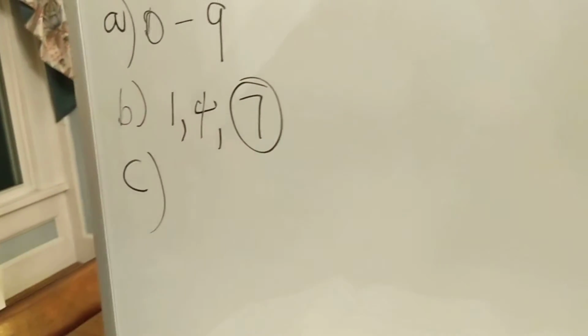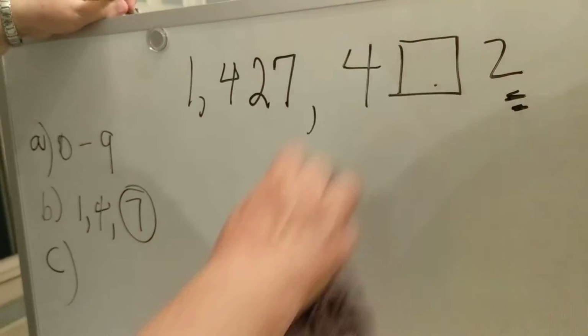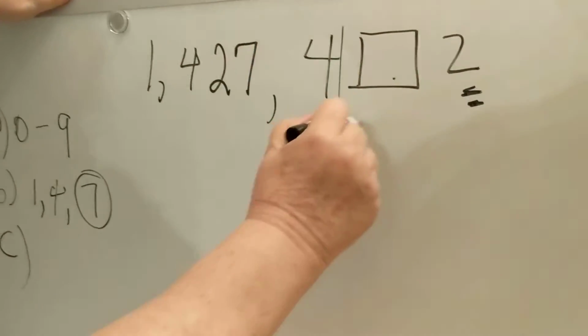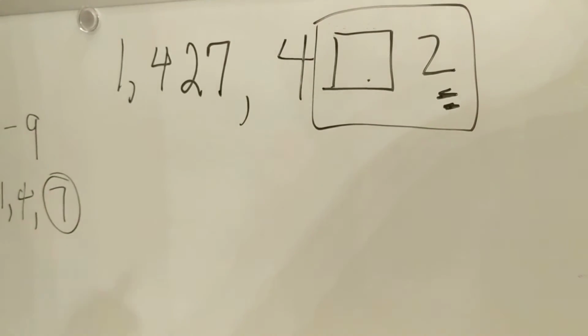C says, what can we do to make this divisible by 4? All right. To make this number divisible by 4, we have to put a number in here that will make the last two digits divisible by 4.